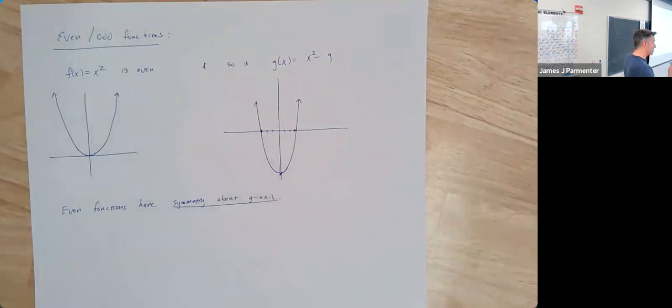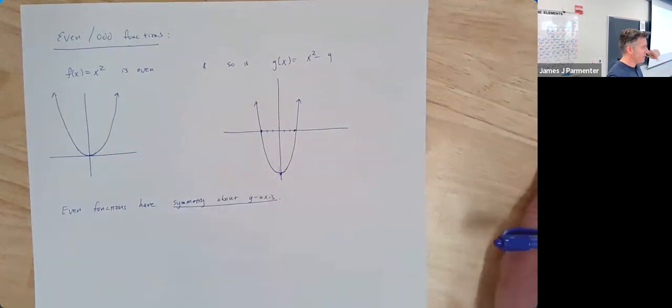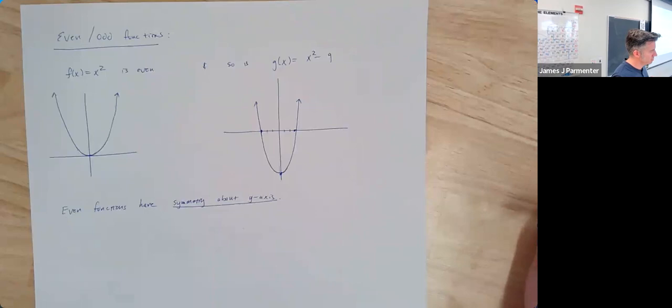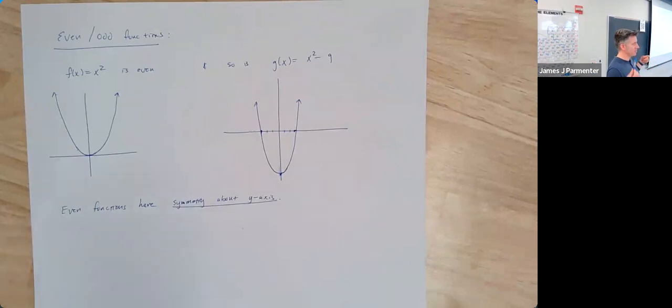We cannot do that with the x-axis, and here's why. You can talk about a graph having symmetry about the x-axis, but the problem is if your graph has symmetry about the x-axis, it wasn't a function. You don't have any functions that are symmetrical about the x-axis, except for one.